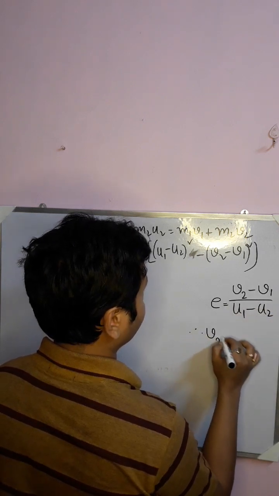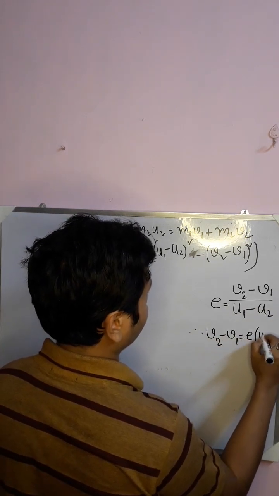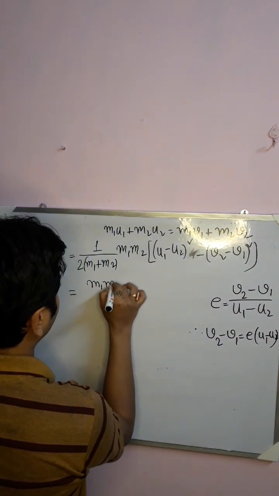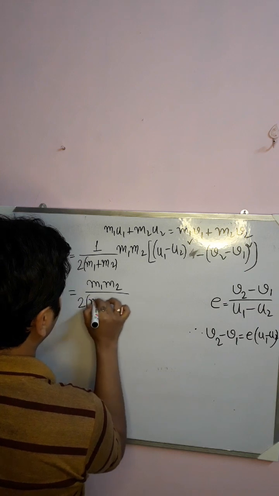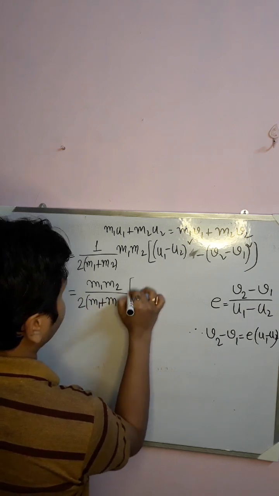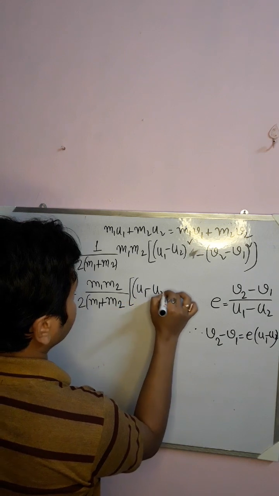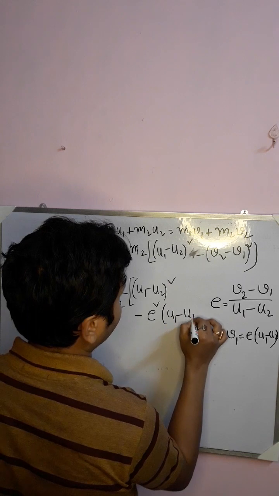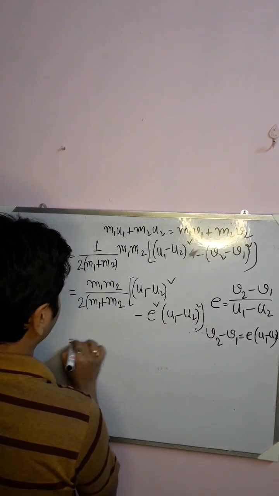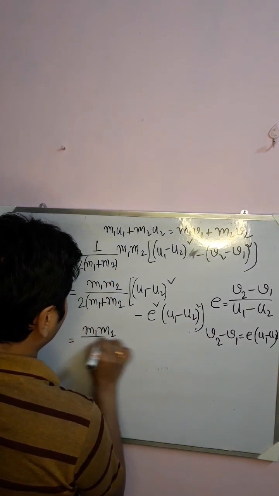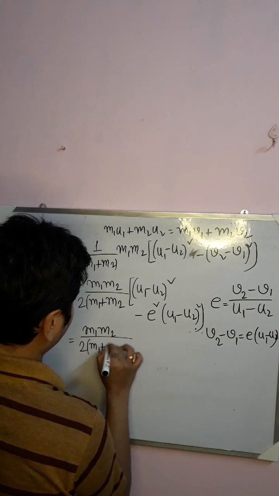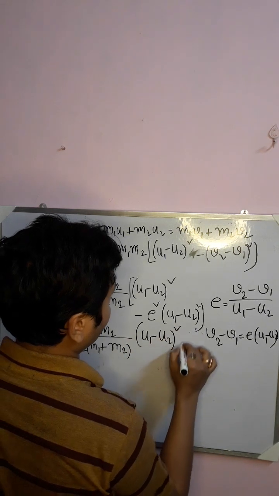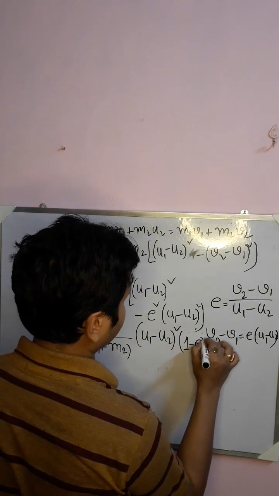So we can write v2 minus v1 is simply e into u1 minus u2. So if we substitute it, m1 m2 by 2 into m1 plus m2, so this is u1 minus u2 whole square minus e square into u1 minus u2 whole square. If we take u1 minus u2 whole square common, then the result will be 1 minus e square.